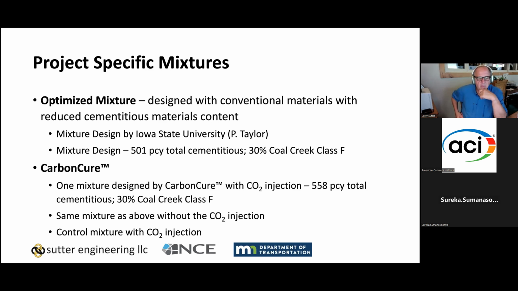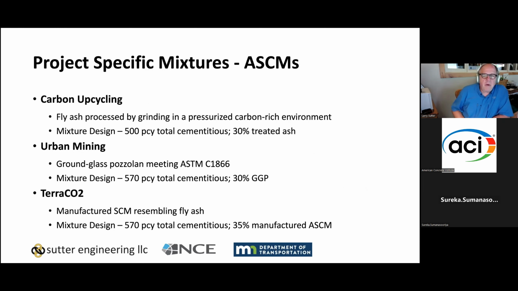The second mixture we made was the exact same mixture as I just described, but we did not put in the CO2 injection. And then the third mixture was taking the standard Minnesota DOT control mixture and injecting the CO2 into that mixture.